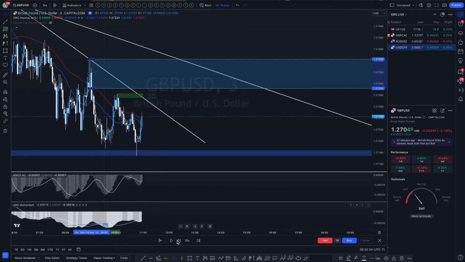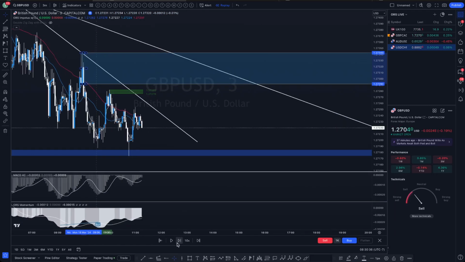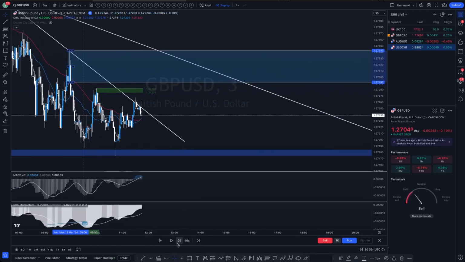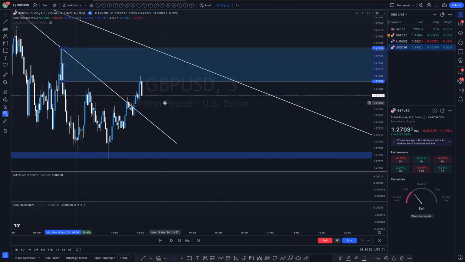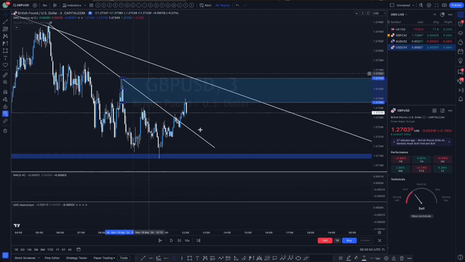So what happened right here is the market broke up and closed above the impetus, but look at that reversal pattern right there. Morning star, evening star, right in the middle of your area of supply. This right here was just the market coming back up.